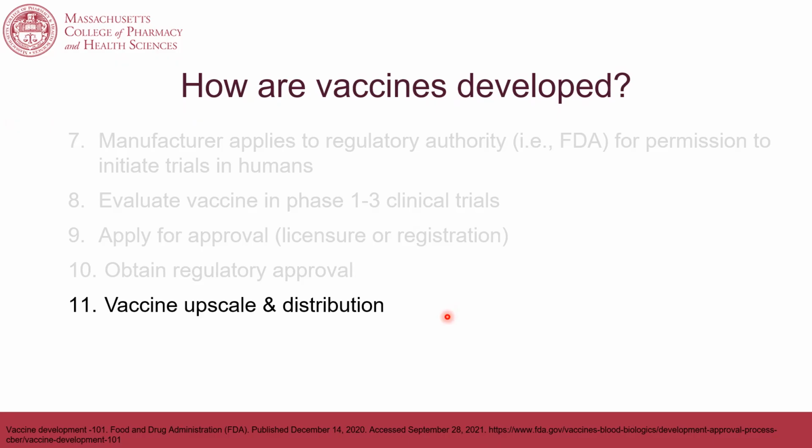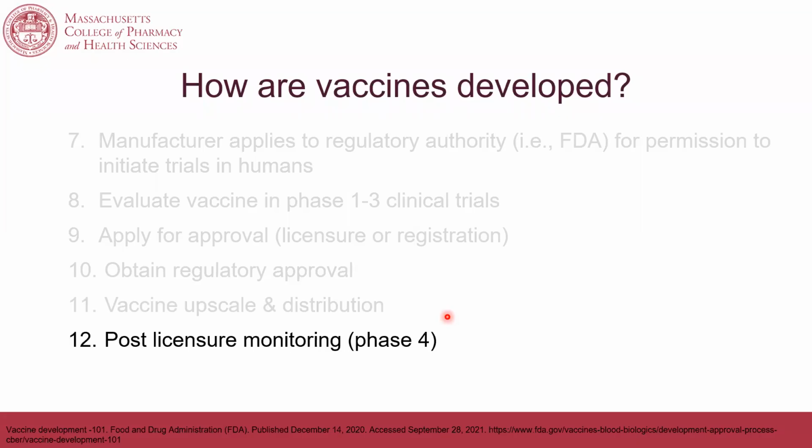Manufacturers make vaccines in lots, and each lot is tested to make sure that they're safe, pure, and potent. And something that you might not know is that every single lot made by the manufacturer, before it's released into the public, the FDA reviews each lot for safety and quality.